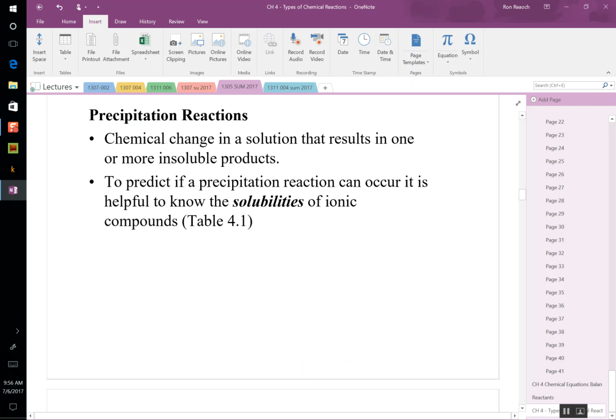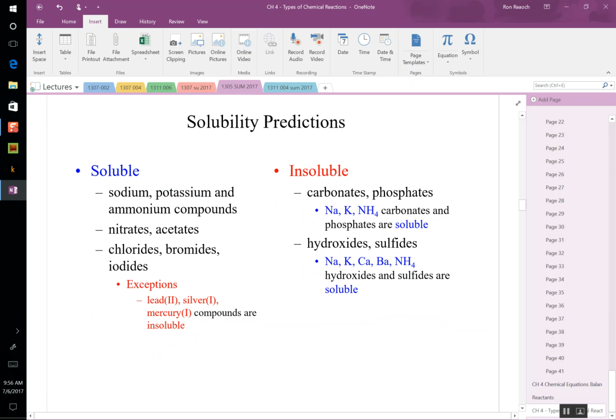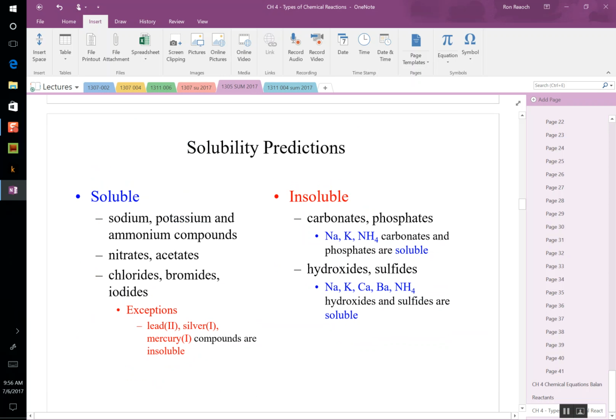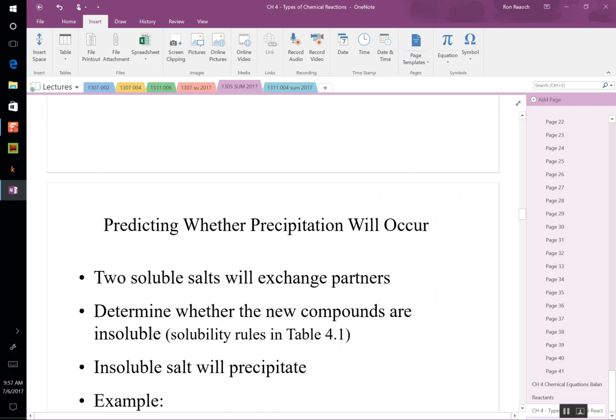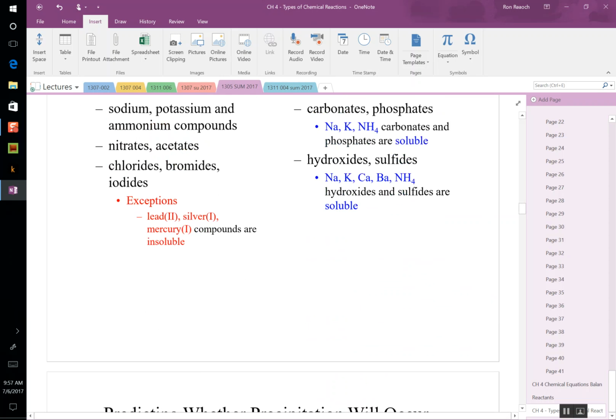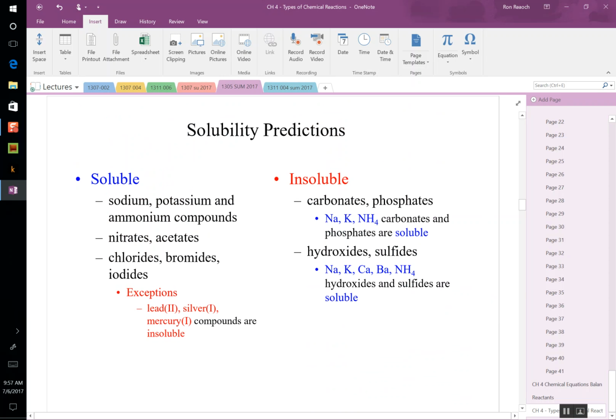There are ways of predicting whether a precipitate will form. And I have another chart that I like a little bit better than this one.